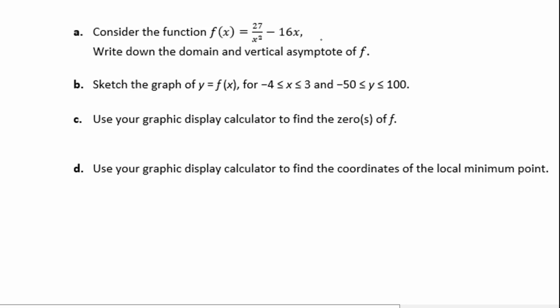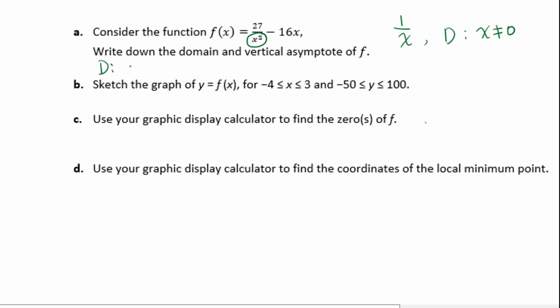We know this is a rational function. For the rational function 1 over x, the domain will be x not equal to 0, which means the denominator is not equal to 0. To find the domain of f of x, the denominator is x squared.